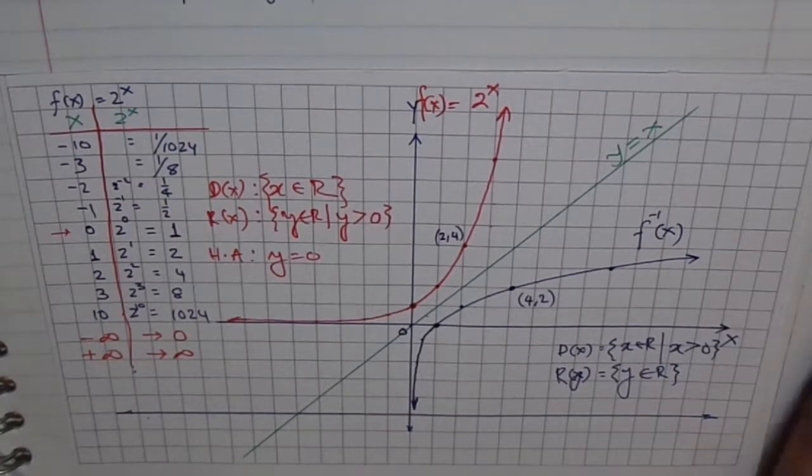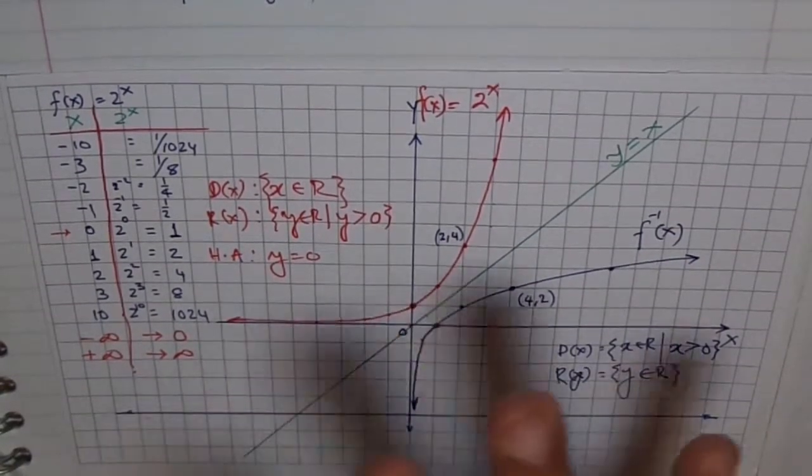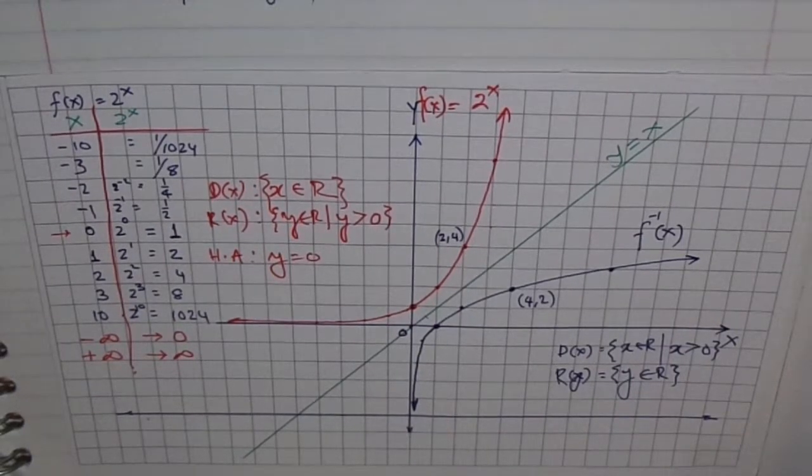So one of the best examples which you can really draw, graph or sketch and understand inverse function is probably the exponential function. Here, there is a restriction on domain and there is a restriction on range, and both are different kinds of restrictions. So when they flip, you really appreciate it. Secondly, you get a function which you never knew about. Do you see that? So that's how it is.